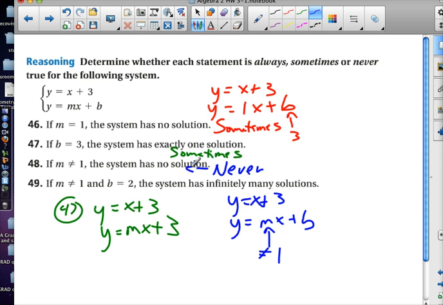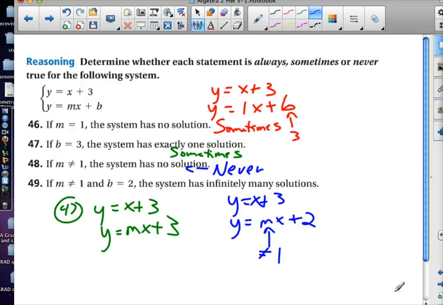And 49 says if m is not 1 and b is 2, so I'm just going to change this right here, the system has infinitely many solutions. Well, with number 49, as we look at it, we're saying the only way it's going to have infinitely many solutions is if they're the same line.